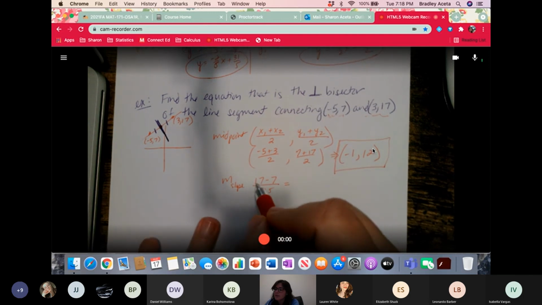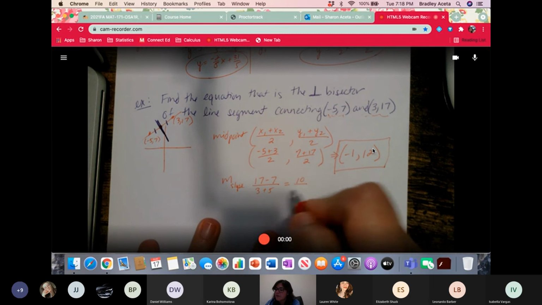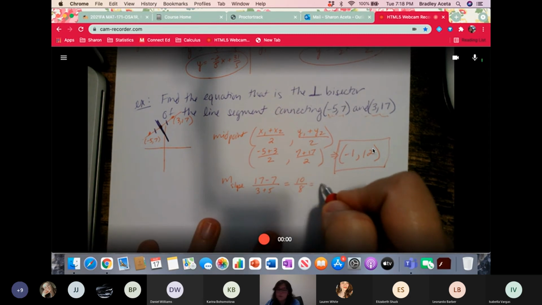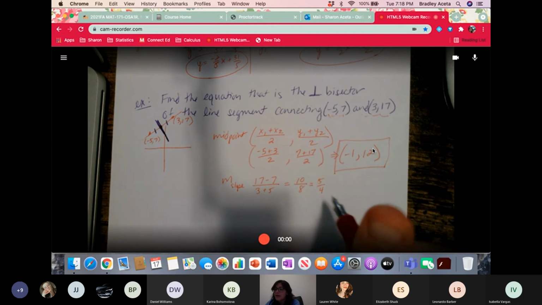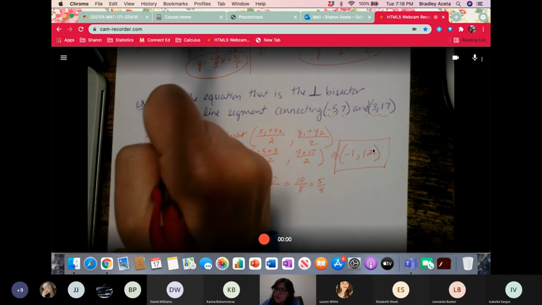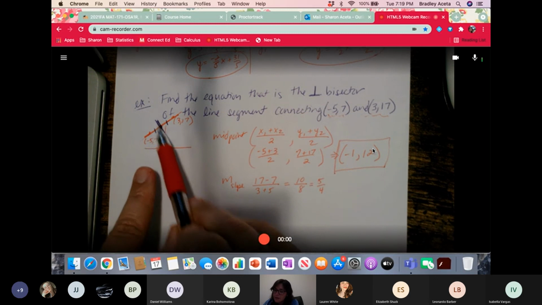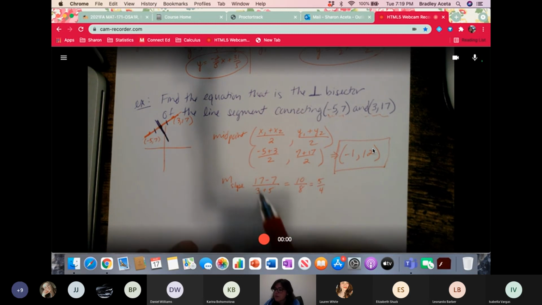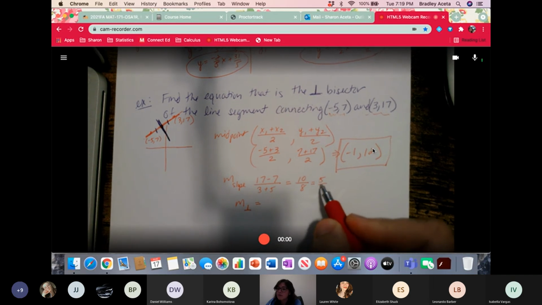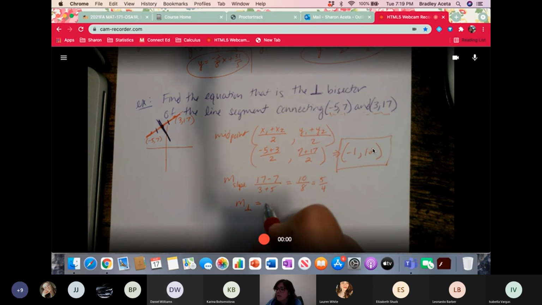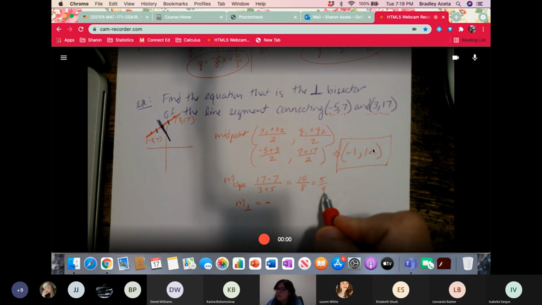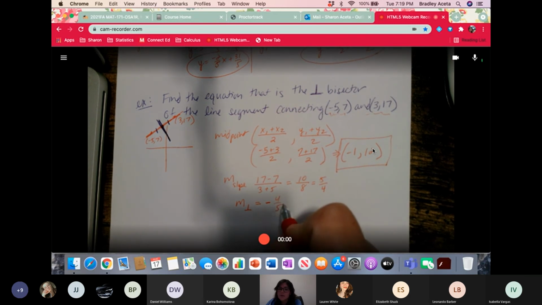So my slope would be 17 minus 7, or 10, over 8, which reduces to 5/4. Now, here's the tricky part. This is where people are going to get it wrong. Yes, that's the slope, but that's the slope of this red line. And I want the perpendicular bisector. I need the perpendicular slope to this. So what would be perpendicular to 5/4? Opposite reciprocal. So opposite, flip: -4/5.